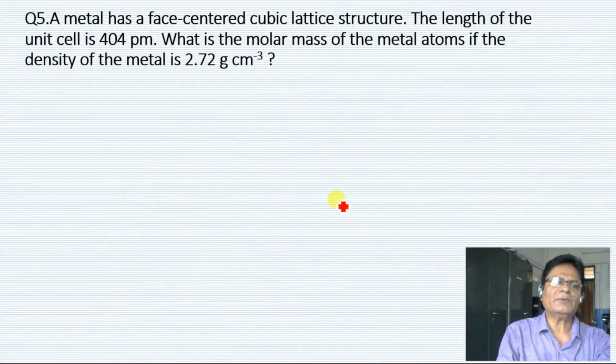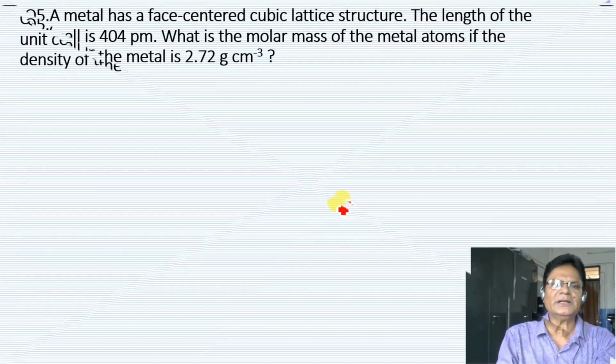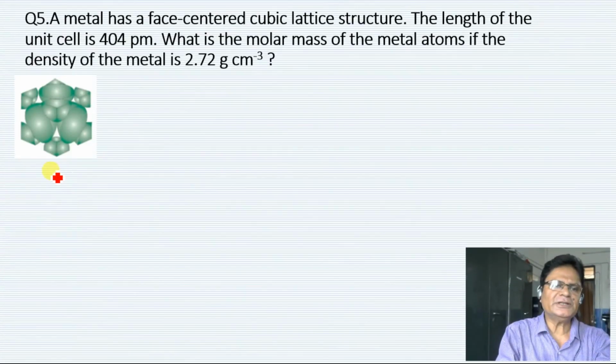Now look at question number 5. A metal has a face-centered cubic lattice structure. The length of the unit cell is 404 picometer. What is the molar mass of the metal atoms if the density of the metal is 2.72 gram per centimeter cube? This is FCC unit cell.